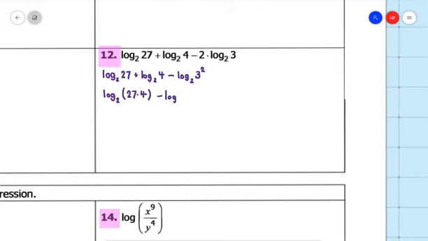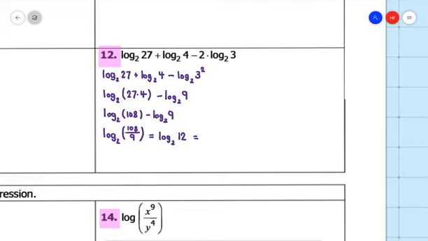Minus log base 2 of 9. 27 times 4, 108. Log base 2 of 108 minus log base 2 of 9. Remember, when we subtract, we're going to divide them. So we've got 108 over 9, which is 12. So we have log base 2 of 12.